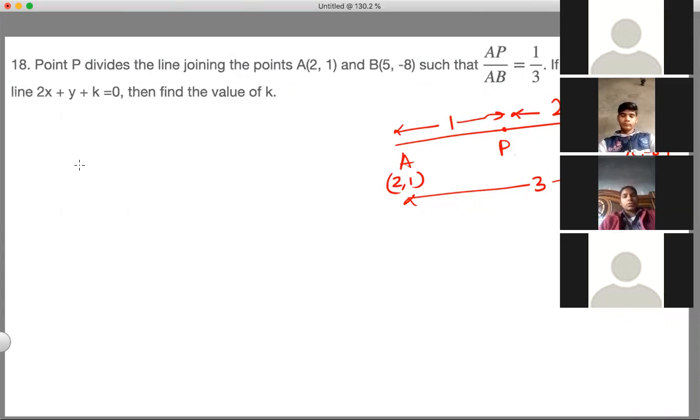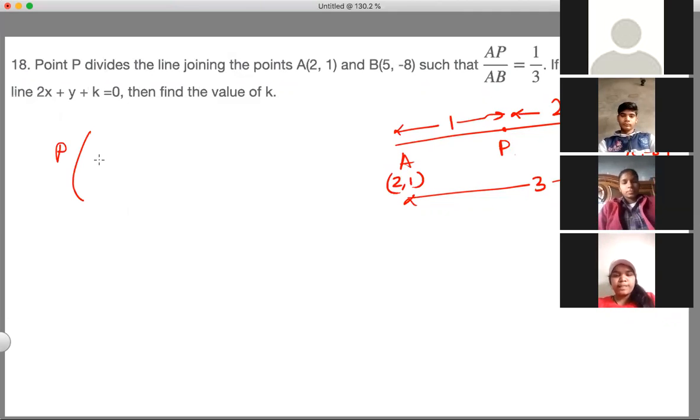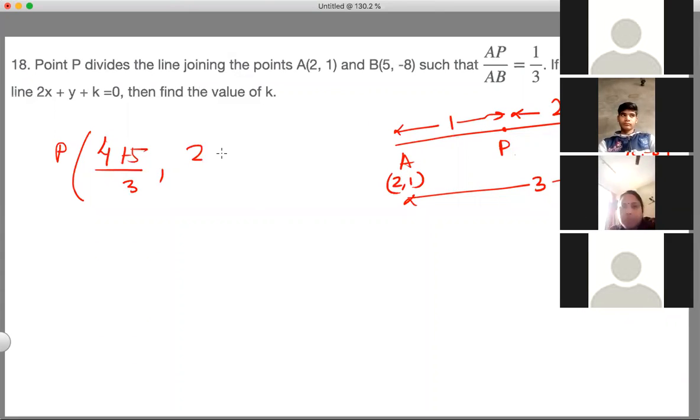Okay, so let's write the coordinates of P. 4 + 5 by 3, and 2 - 8 by 3. 9/3 is 3 and -6 by 3 is -2, right?